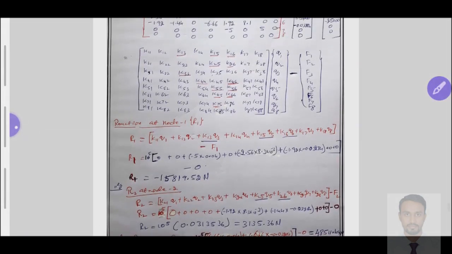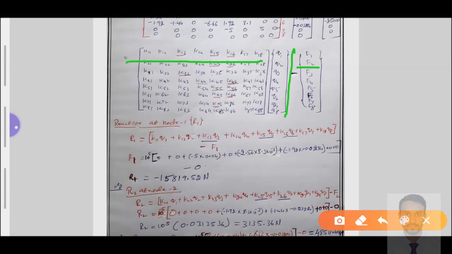Similarly, R2 depends upon row number 2, multiplied with the Q values, minus F2. So I have taken K12 into Q1, K22 into Q2, K23 into Q3, similarly K28 into Q8, minus F2. All the values from this matrix I have taken.